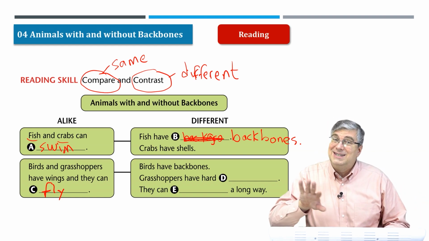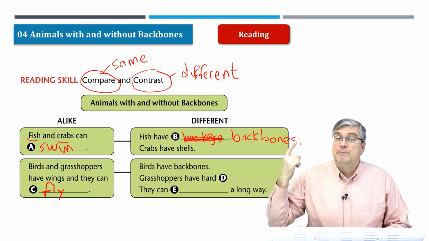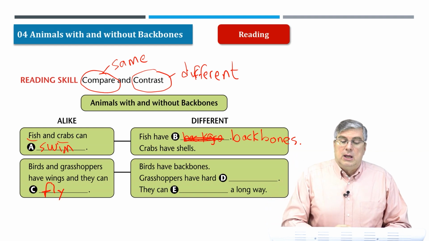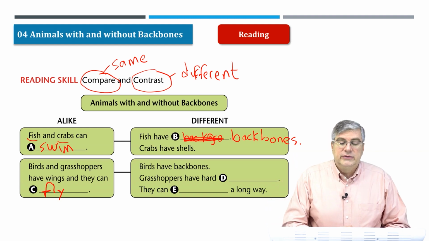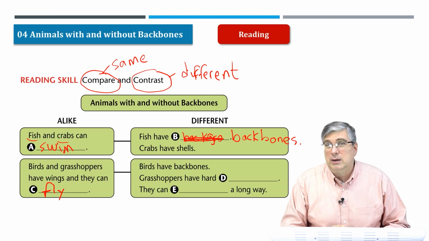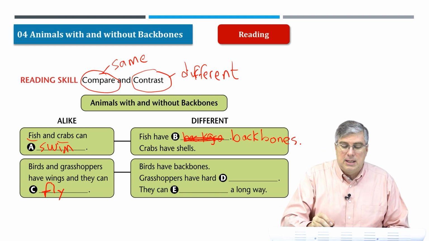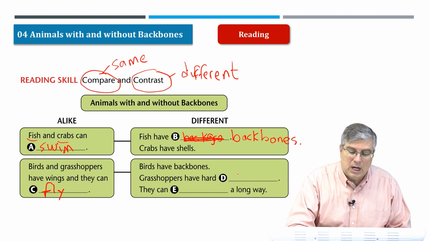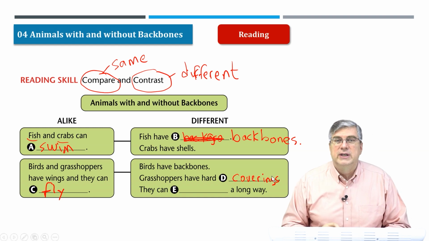But how are they different? Well, birds have backbones. Grasshoppers don't have backbones. Grasshoppers have hard what? Remember the word from the vocabulary? I think it was the second word. Grasshoppers have hard coverings. Remember, something that covers something else.